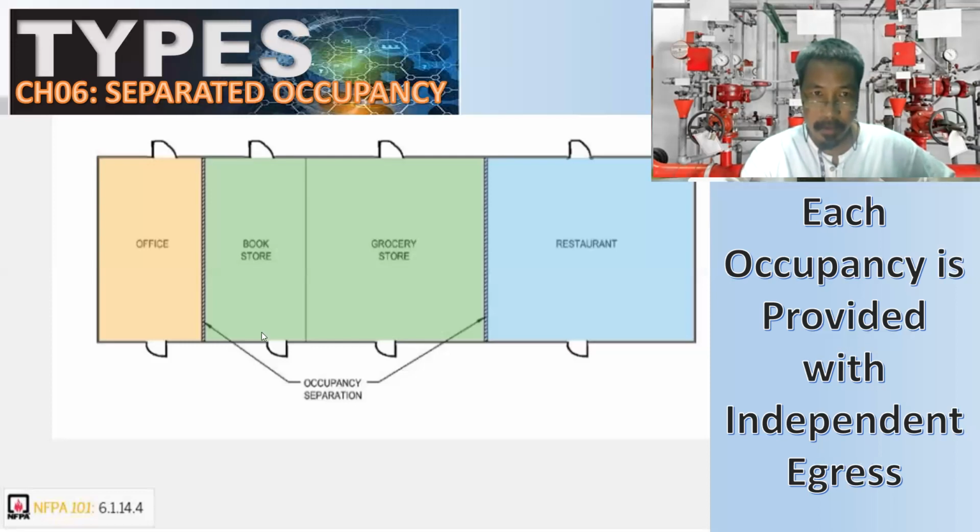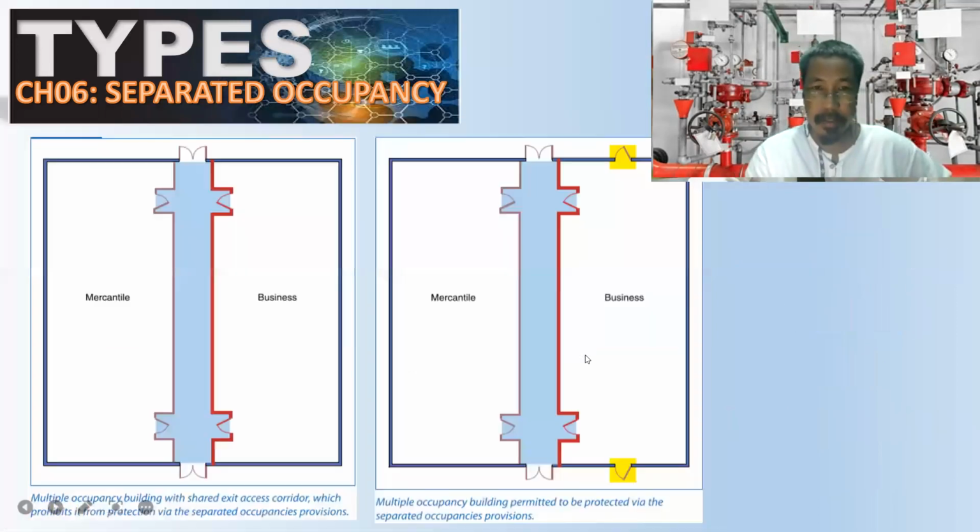Okay, so we have 1, 2, 3, 4, and also these egress are independent from the egress of office. Okay, and the same is true with the third area, which is restaurant, wherein it also has its own independent egress, 1, 2. Okay, so that is the main difference of separated occupancy.